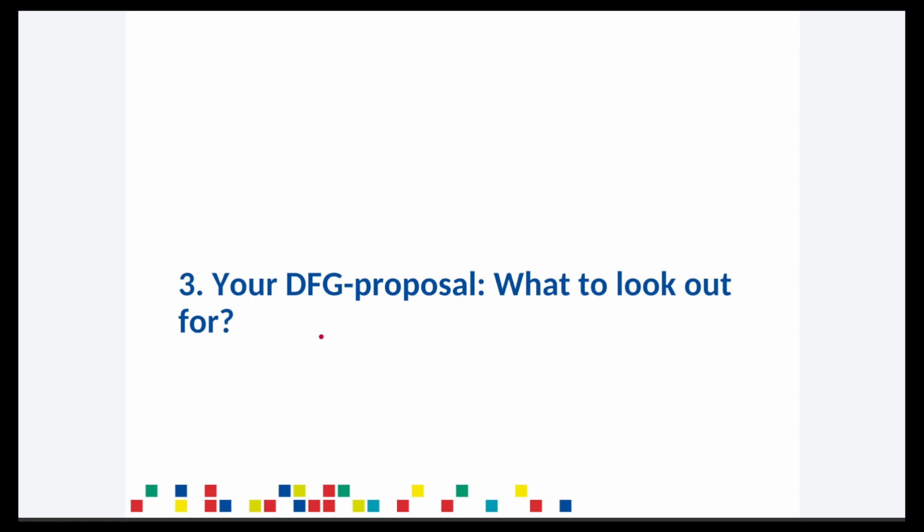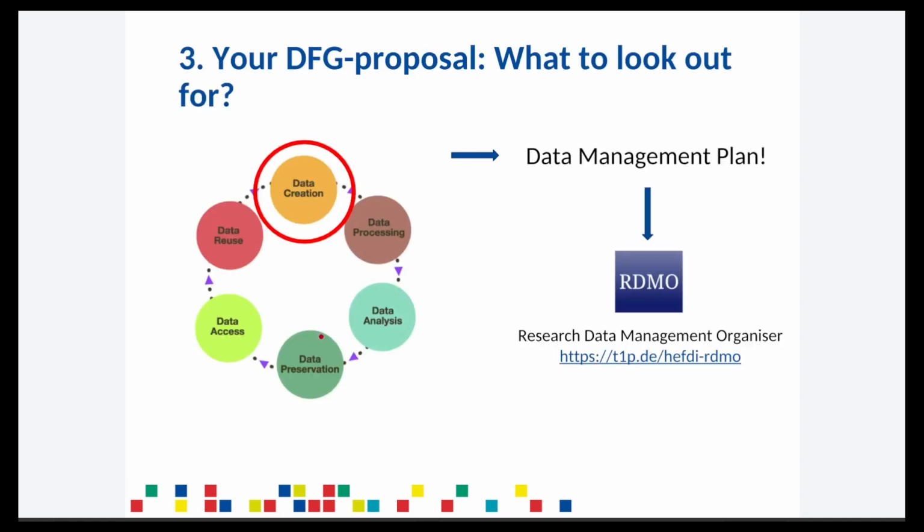So here we address your DFG proposal and what to look out for. On the left-hand side, you see the research data lifecycle. This picture is frequently used to describe what to think about when you look at your research data. It starts with data creation, data processing, data analysis, preservation, access, and reuse.